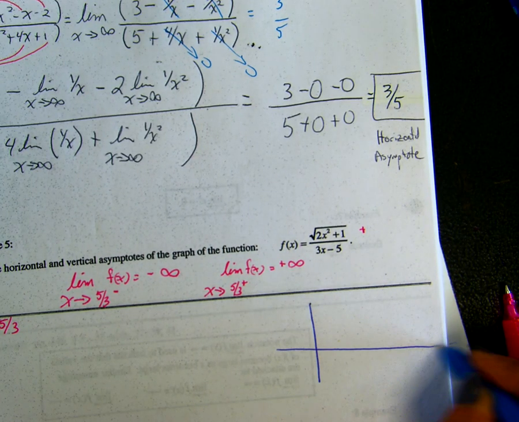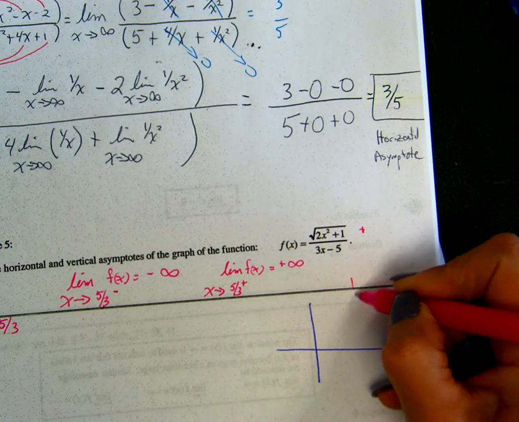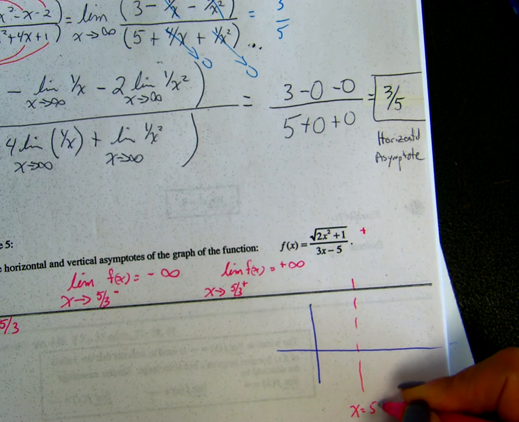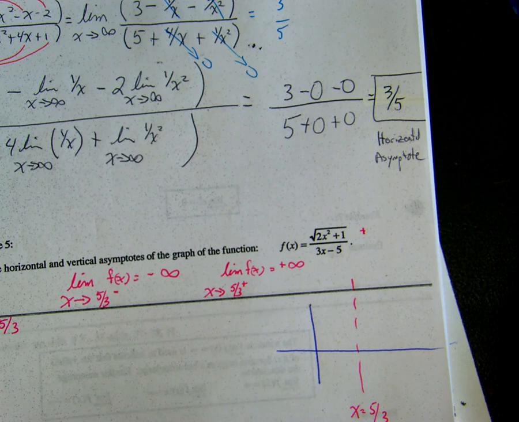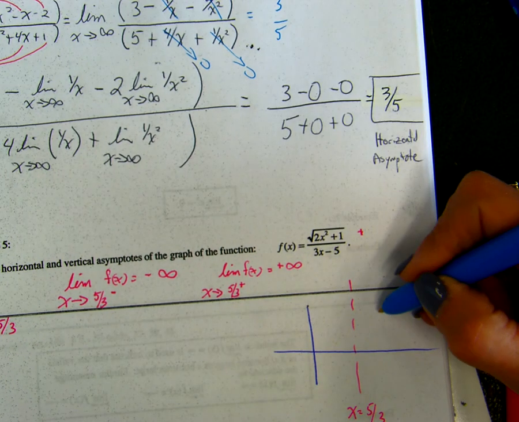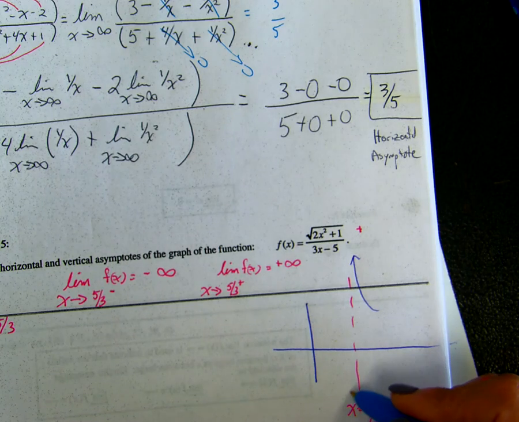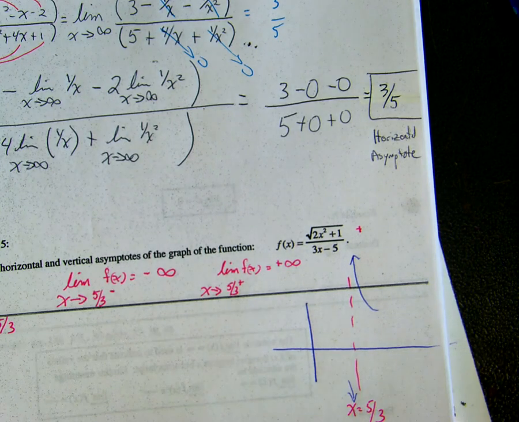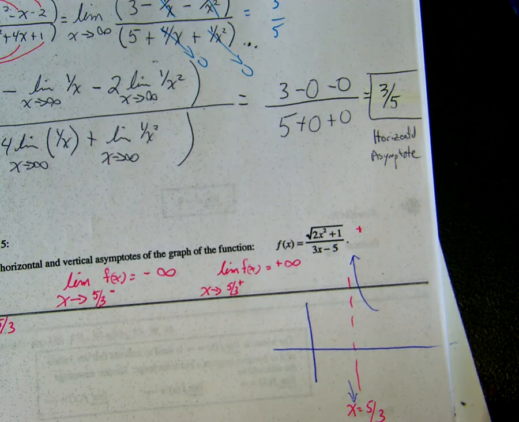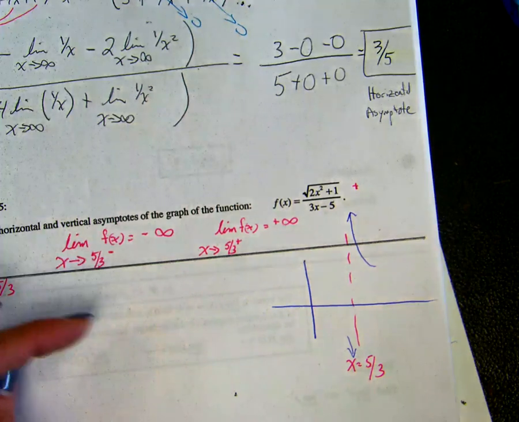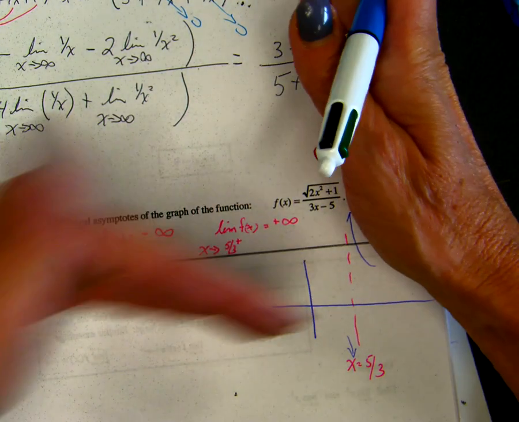So what I do in this function, here I'm going to start a very rough sketch of this. I know that I've got a vertical asymptote right here that equals 5 over 3. And I know that on the right, it goes up to positive infinity. On the left, it's going to go down to negative infinity. It's a vertical asymptote.